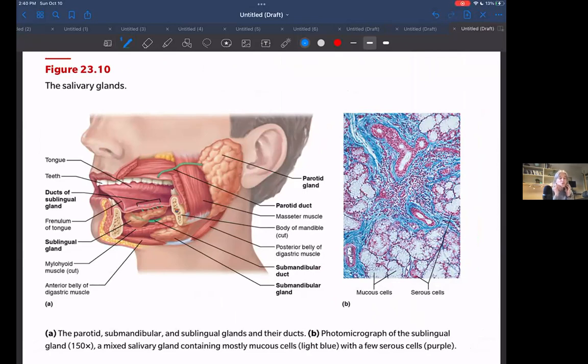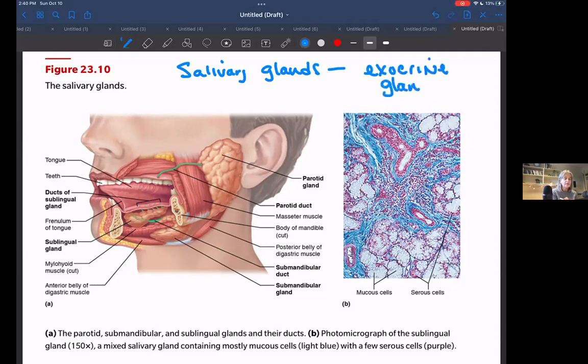Sometimes those can get sore, but remember that we also have lymph nodes in the neck that swell up when we're sick. These have ducts. They're examples of exocrine glands. My salivary glands are exocrine in function.